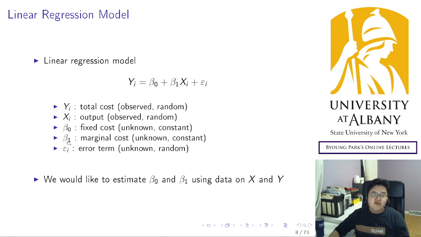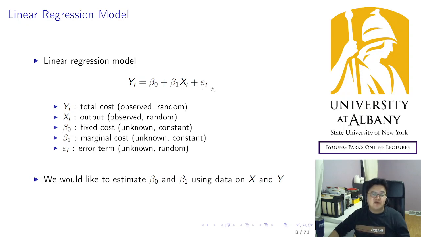And beta 1 is the marginal cost, which means as you increase the output by 1 unit, the cost increases by beta 1. So this is the slope, which is the marginal cost. And then finally, we have epsilon, the Greek letter. Epsilon is an error term. It's purely an error.